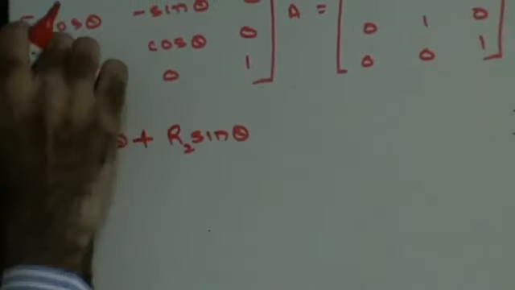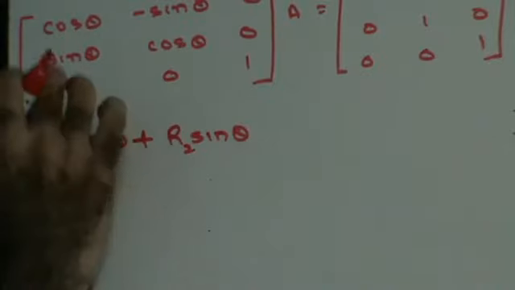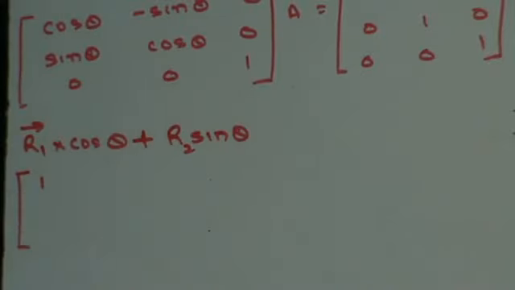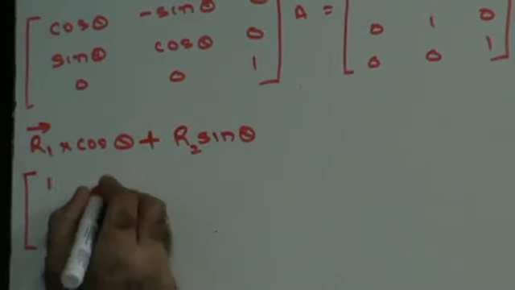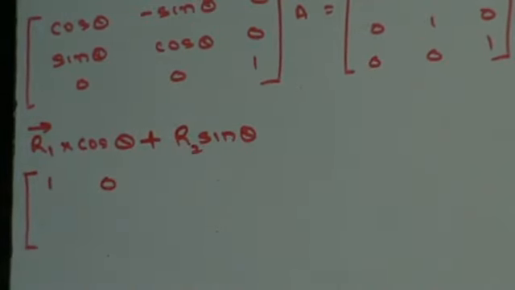So this is R1 into cos theta plus R2 into sin theta: cos square theta plus sin square theta, 1. Then minus sin theta cos theta plus sin theta cos theta, 0.